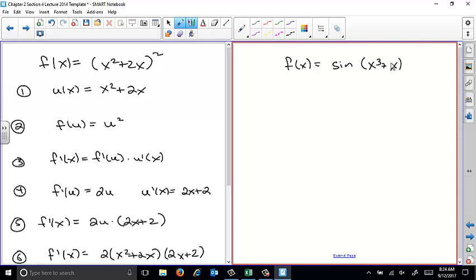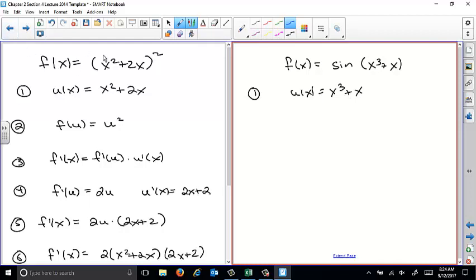So we'll ask you guys some questions now. Looking at the previous problem, Kelly, what is u of x for the problem on the right-hand side? x cubed plus x. Yes. And notice, u of x equals x cubed plus x.